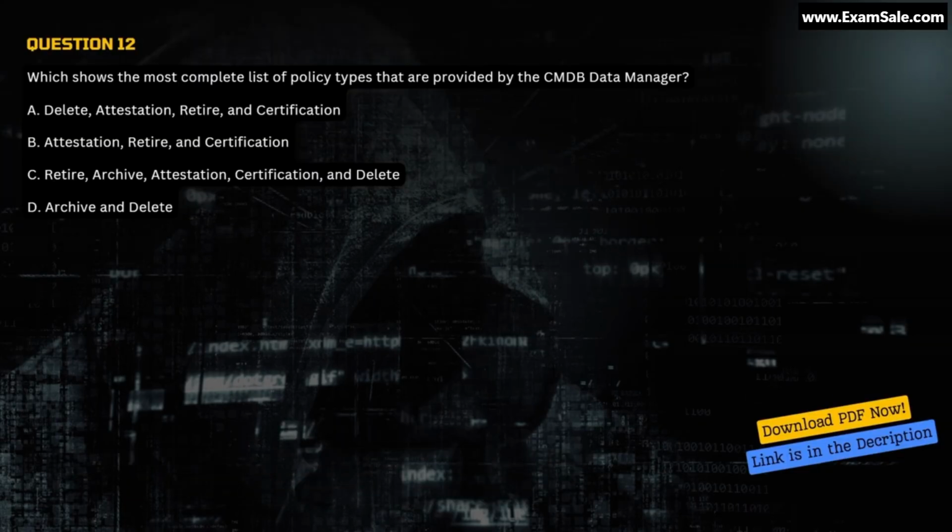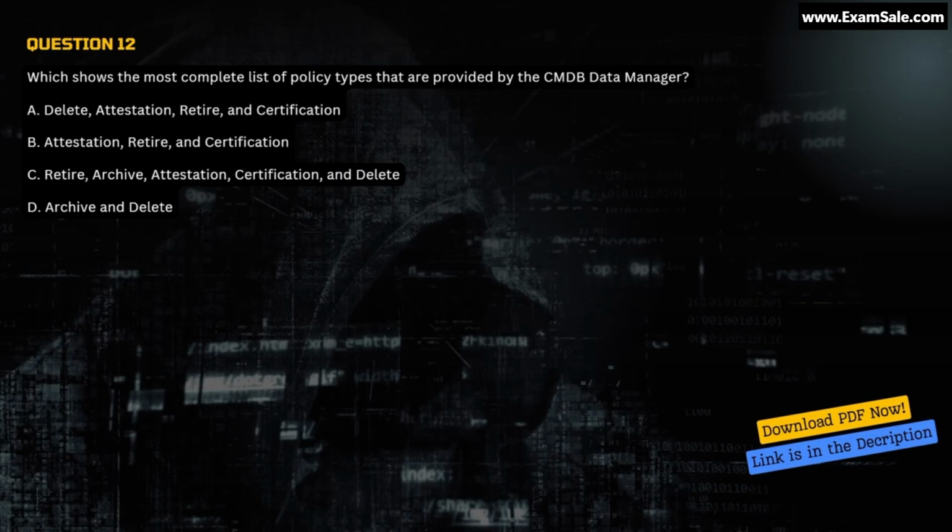Question 12. Which shows the most complete list of policy types that are provided by the CMDB Data Manager? A. Delete, attestation, retire, and certification. B. Attestation, retire, and certification. C. Retire, archive, attestation, certification, and delete.